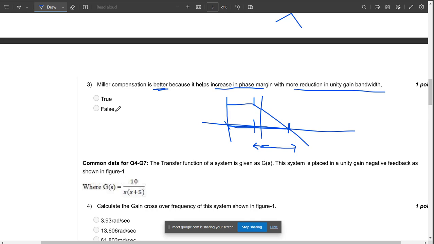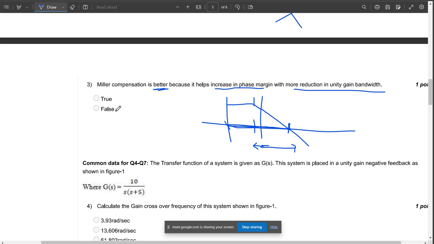Because of shifting the poles, shifting the frequency, so we are getting the large bandwidth, so we can control our system over a large range. So that is the reason.